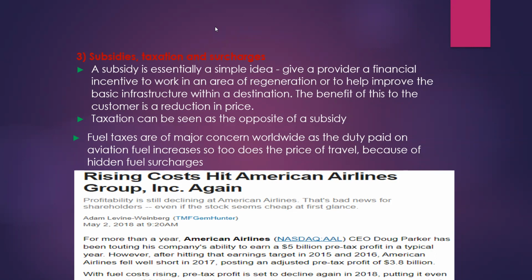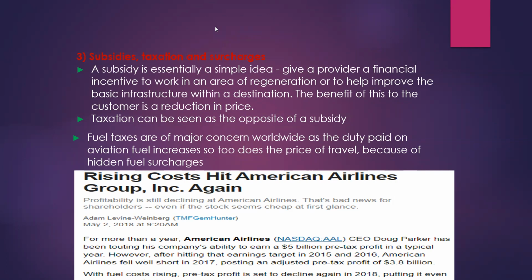I give a provider, for accommodation or a certain product, a financial incentive to work in an area of regeneration, making something new, or to help improve basic infrastructure within a certain destination. The benefit of this to the customer is a reduction in price. To any customer, this is a reduction in price.